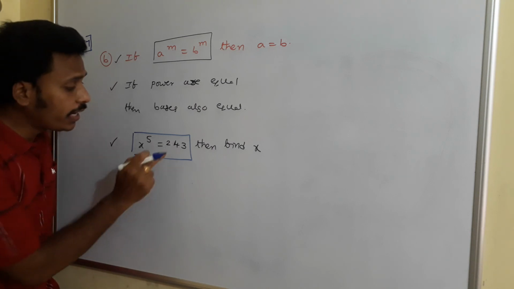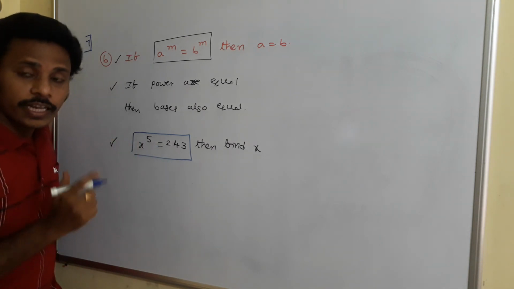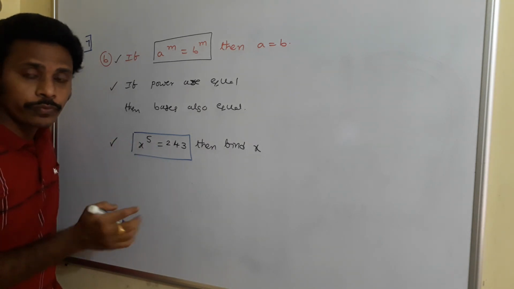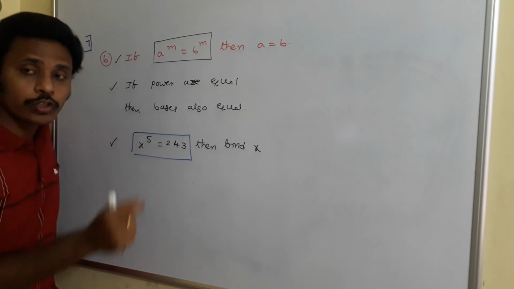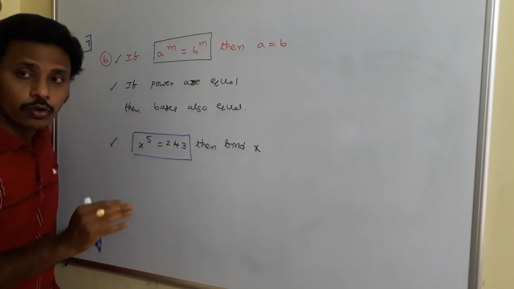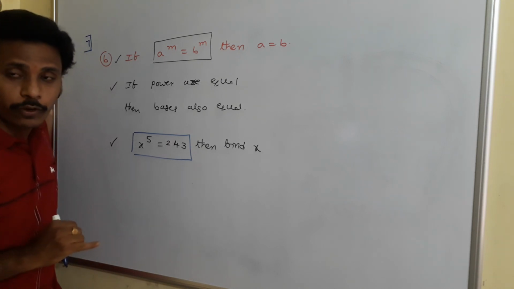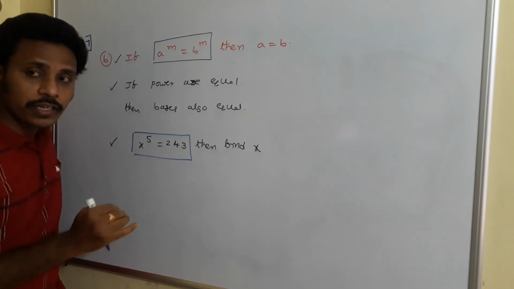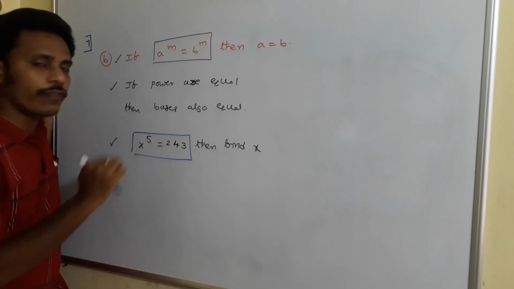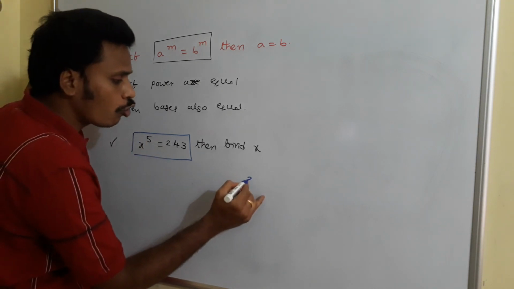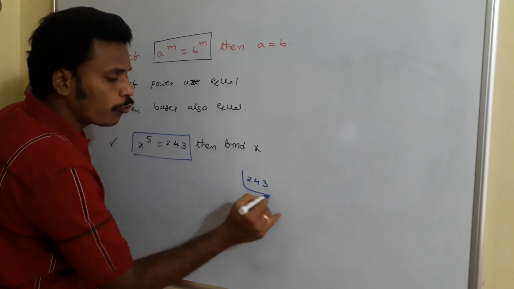For that, I need to think about 243. In the first class itself I mentioned you to practice powers of numbers, 2 power 1, 2 power 2 up to 2 power 10, and then 3 power 1, 3 power 2 up to 3 power 6. If you are perfect at those powers, directly you will identify this, or otherwise you just go with prime factorization of 243.